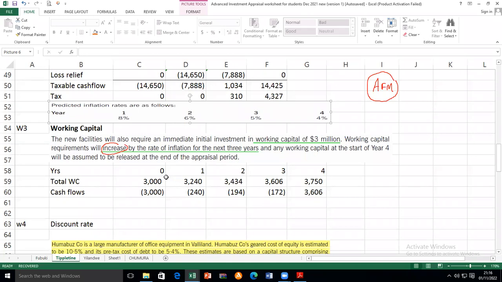So this is increasing 8% to here, 6% to there, 5% to there, and 4% to there.